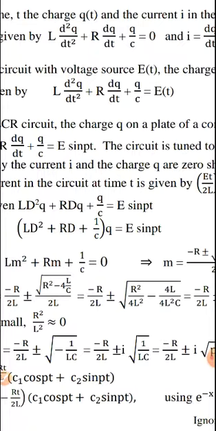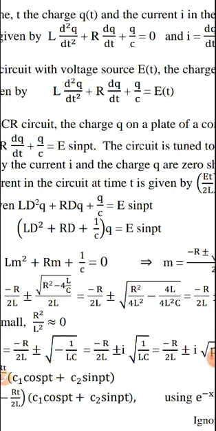So clearly this is a differential equation with independent variable t, dependent variable q with the constant coefficients. So writing the equation in the notation capital letter D, we write that as L into D square plus R into D plus 1 by c into q as equal to E sin pt, a differential equation with the constant coefficients and which is non-homogeneous.